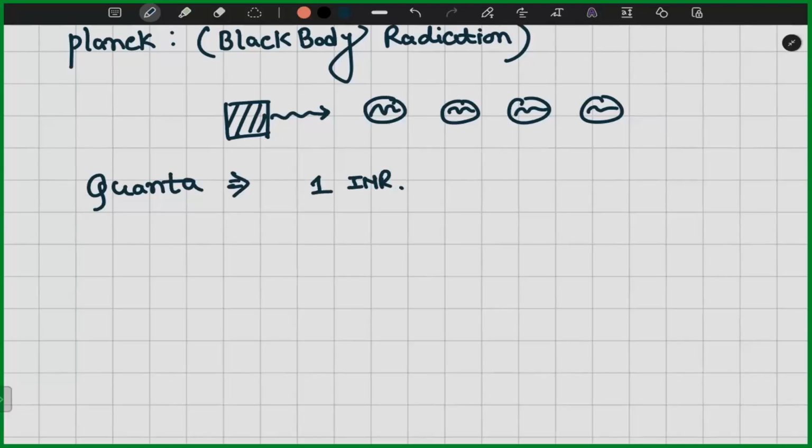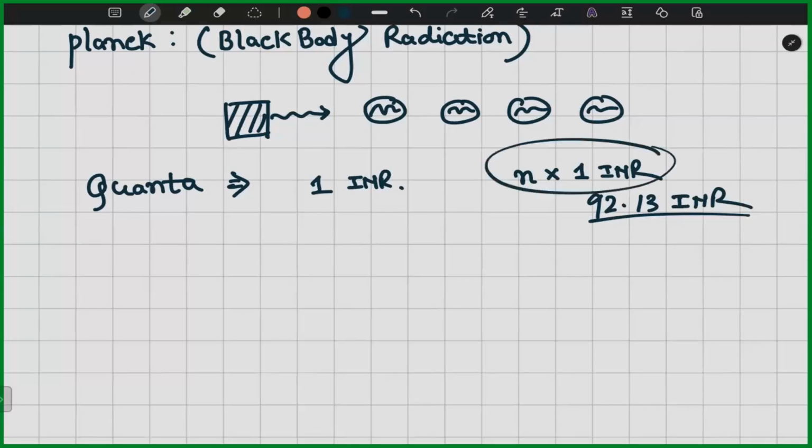Let's say n times that quanta is n INR. That means we can give 90 rupees, 91 rupees, 92 rupees, etc. But we can never give 3.5 rupees. Can we give anybody that? No, because 1 rupee is our minimum quanta. This is called the minimum currency, the quanta. So this is called the quantized way.